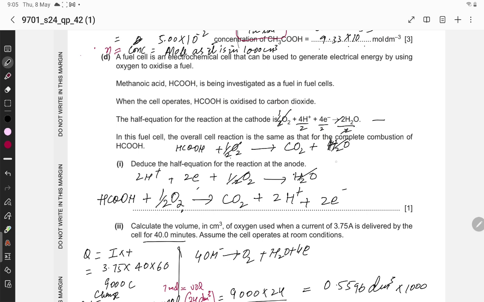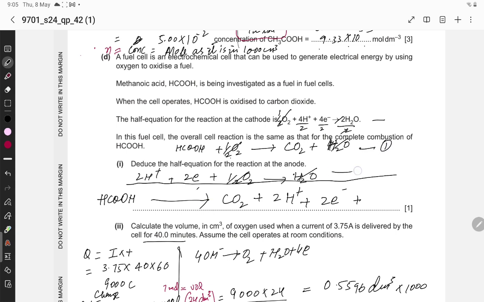Water is also cancelled out. So these are the two equations.